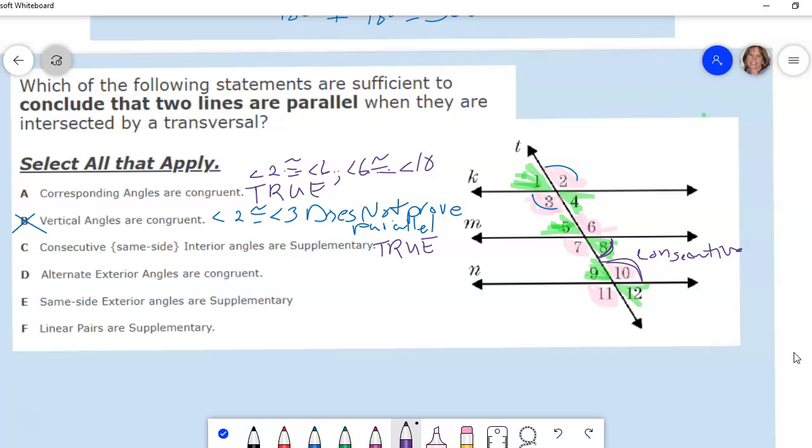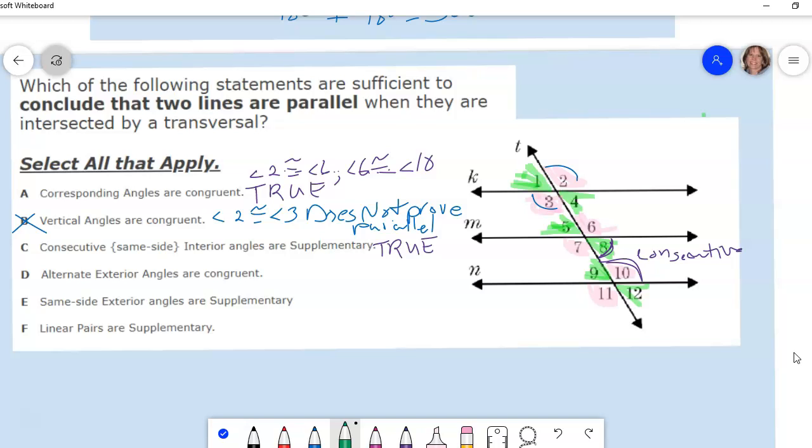Alternate exterior angles are congruent. Well, much like all of our previous ones we've discussed, we have to think about our original statement. If parallel lines are cut by a transversal, then the alternate exterior angles are congruent.